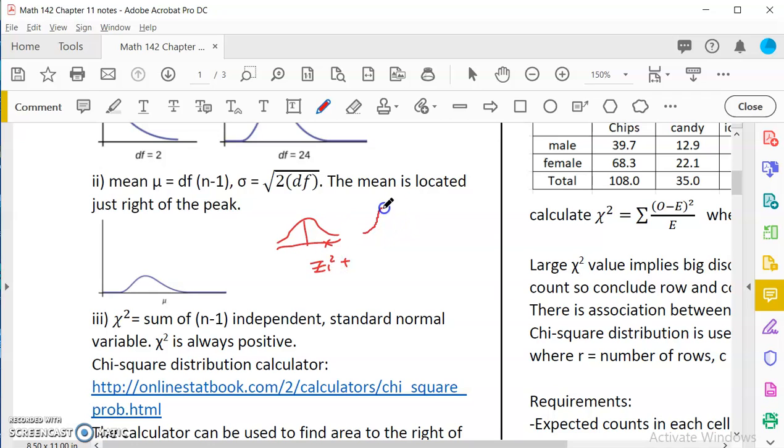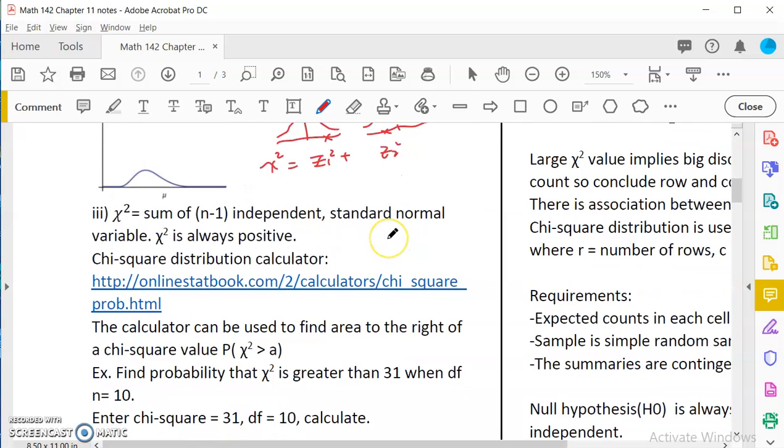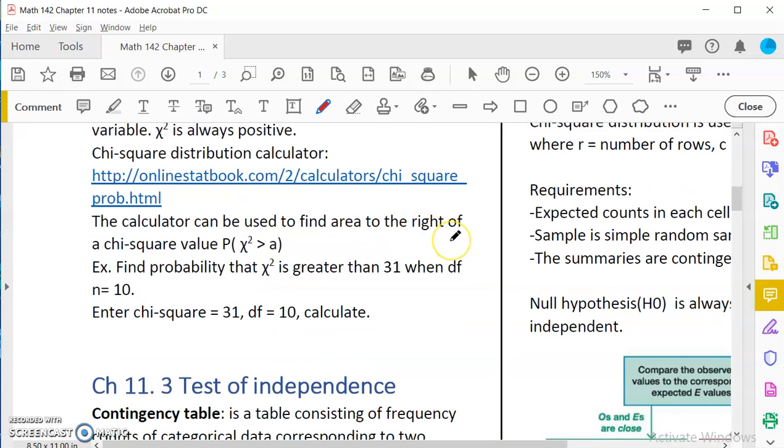Then you randomly pick another z, maybe this time you get a negative number, and square it as z2 squared. You add them together, and you will have chi-square. It is positive because you randomly get standard normal values that are independent, and their squares are positive.